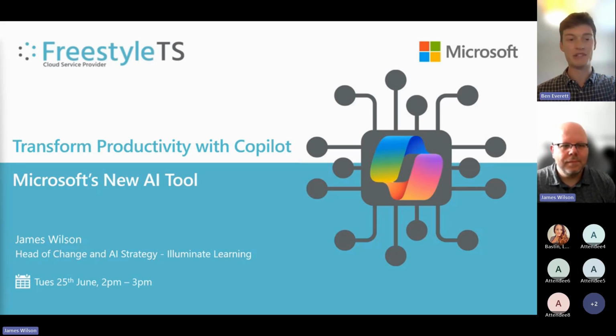So things like ChatGPT have become very common, but really we want to focus on Microsoft's new productivity tool, which is Copilot. Obviously, most of you use Microsoft business applications, and it's really about how Copilot can integrate with those applications to help you with day-to-day tasks.